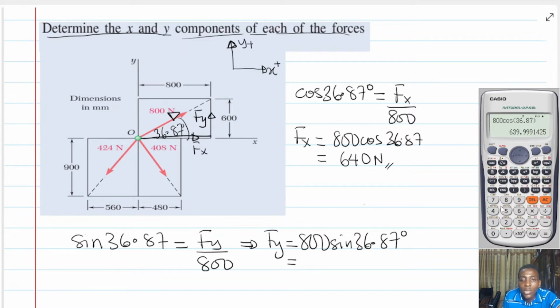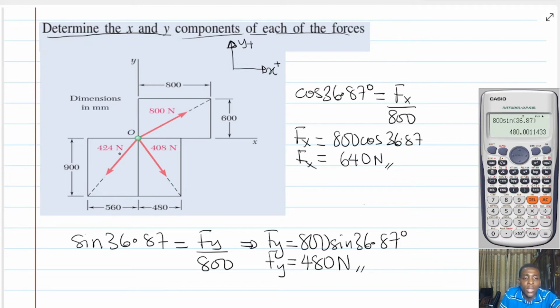And what is that? Okay, 480.001. Oh man, that is 480 newtons. All right. So I know Fx as 640 newtons, and then Fy is 480 newtons. All right. So I'm done with the 800 Newton guy.